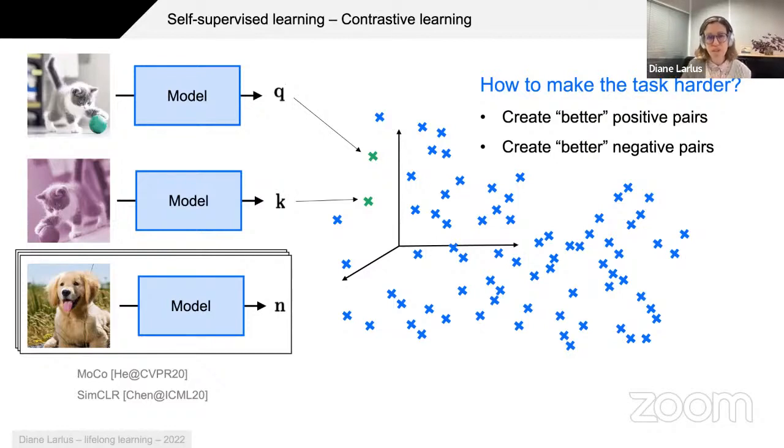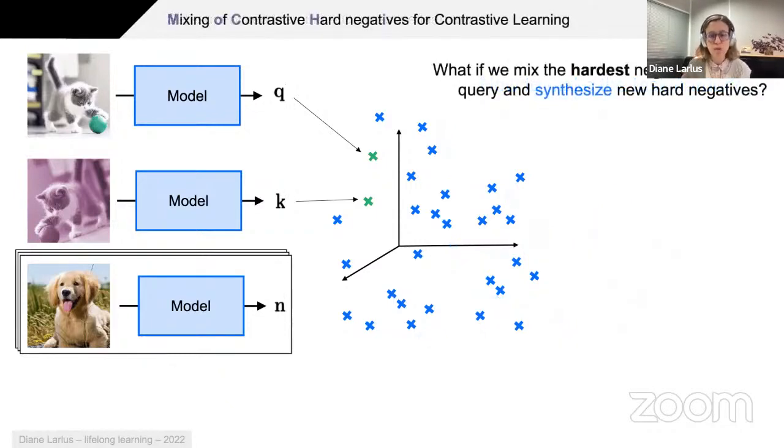But what we observed is that after training a few epochs, so after a few training steps, the vast majority of negatives become easy. So they do not contribute to the training anymore. They do not help improve the model anymore. So how can we still have hard negatives to help for the training? What we propose to do is to rely on the few hard negatives that still exist. And we propose to mix the hardest negatives for each query and synthesize on the fly, directly in the feature space, additional hard negatives.